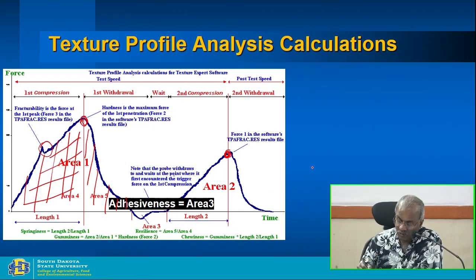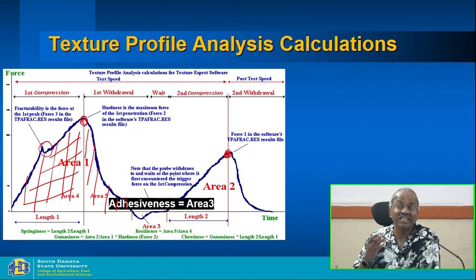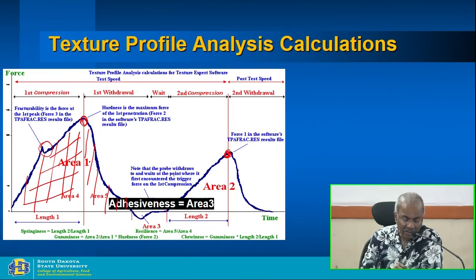And if you want, you can get many peaks and it gets messy. Then how do you compare these? Whatever comparison you try to do, what is the meaning of it? What is that going to do for you? So far so good. So we can get a fracturability, we can get a hardness value, and then the area under this curve, from decompression area and compression area, the ratio of that will give you the cohesiveness.